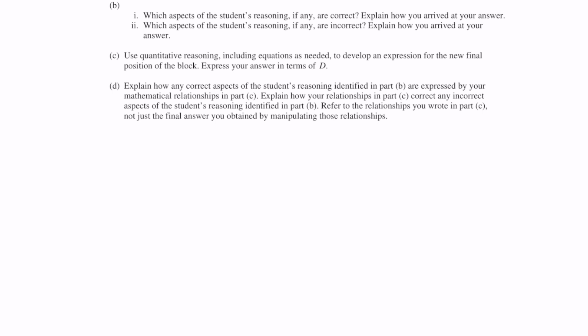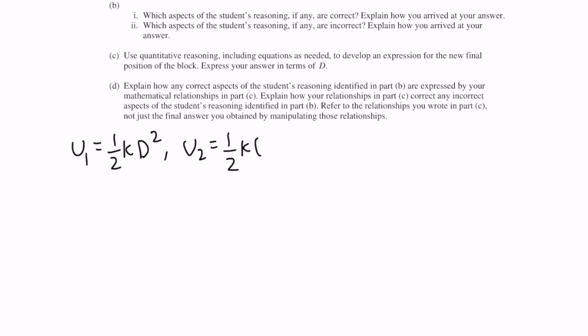Initially, in our first trial, let's label the potential energy as U1. We had U1 equals 1/2 times kD squared, where D is our compression, which means that U2 is equal to 1/2 k times (2D) squared. And 2 squared is equal to 4, so that gives us 4U1.